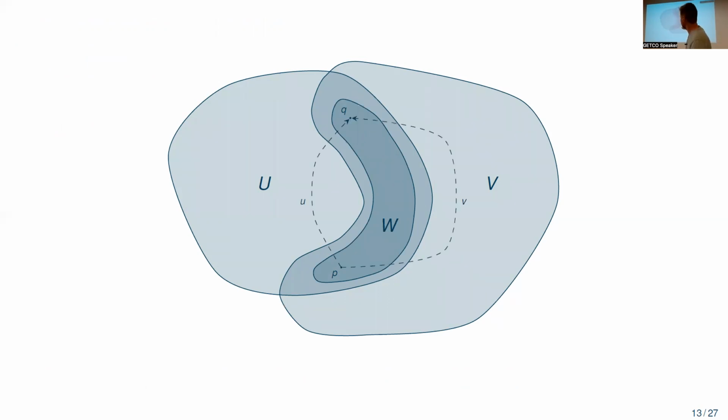But the trick is that the path which witnesses that P is less than Q in U and the one that witnesses P is less than Q in V are not the same. And in that case, the path relation on W does not match the path relation on U and V. And this is the problem that occurs when you have a defect of order convexity.